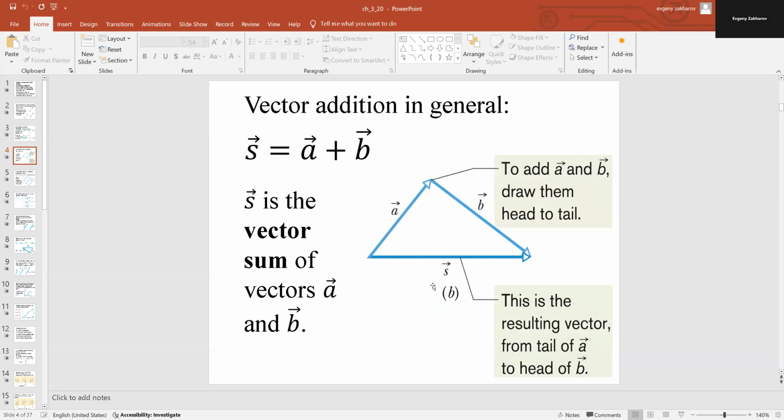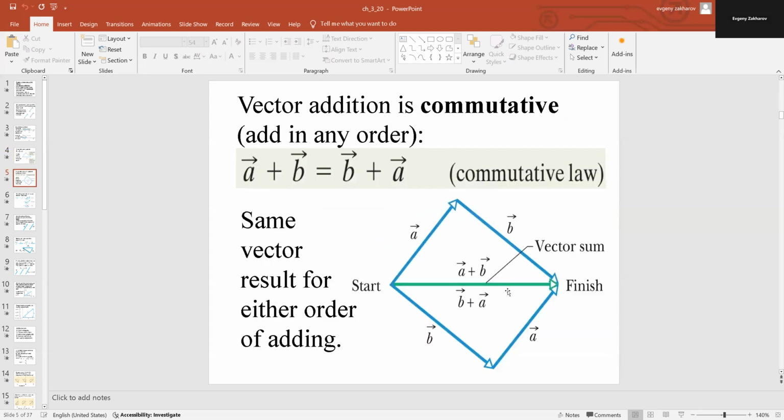You can see how in the triangular method, it's tip to tail, so the end of the first is the start of the second. Now in the parallelogram method, all vectors start from the same point. Most of the time, you will probably choose this way of adding, because it's convenient, and you're used to saying x-axis, y-axis, and you want to add the 2 components, and boom, you have the result of that vector addition.